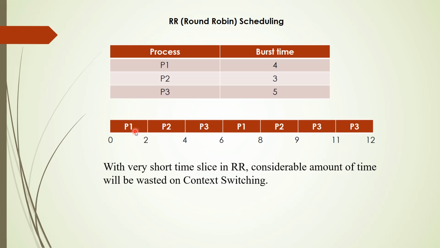The PCB of P1 will be saved and the PCB of P2 will be loaded. So a lot of time will be wasted in context switching. When a longer time slice is considered, for example a quantum of 5, 10 and so on, the round robin scheduling algorithm will be converted to FIFO.